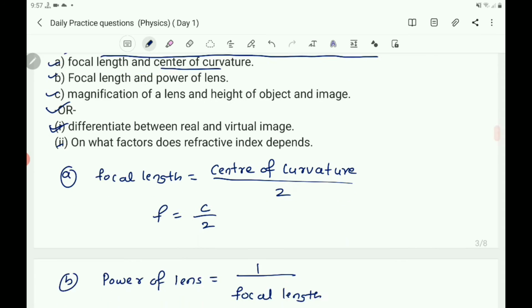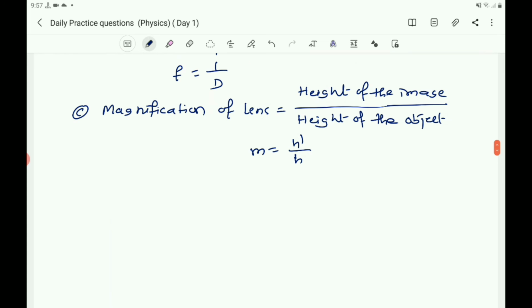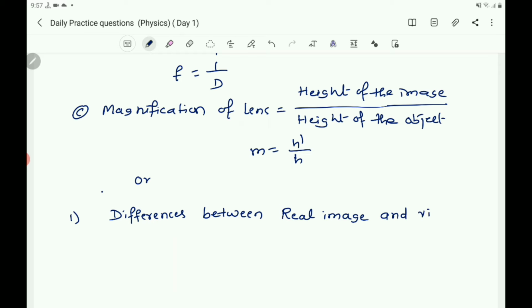Differentiate between real and virtual image. Now let us write the differences between real image and virtual image.